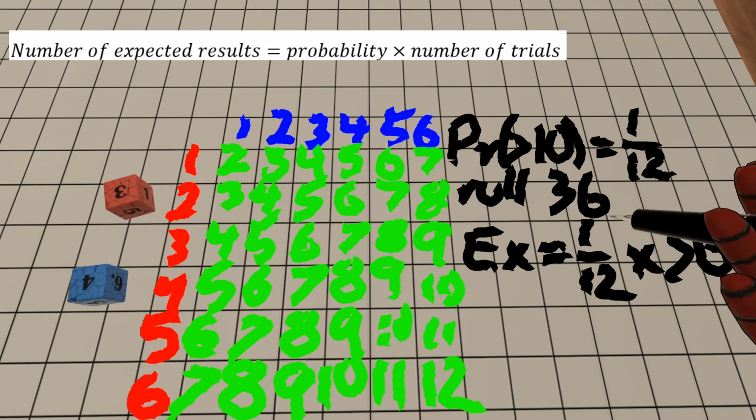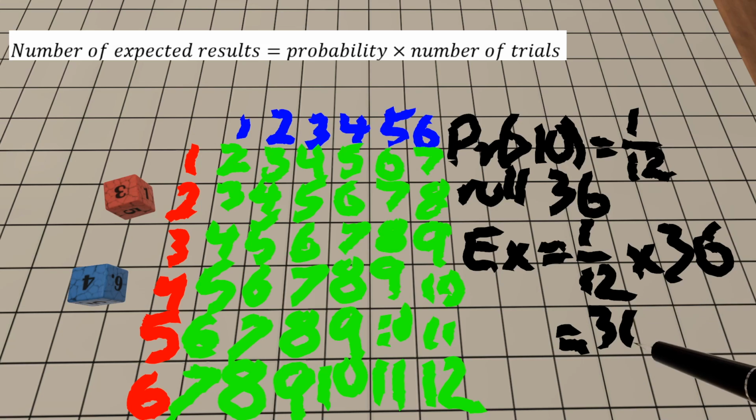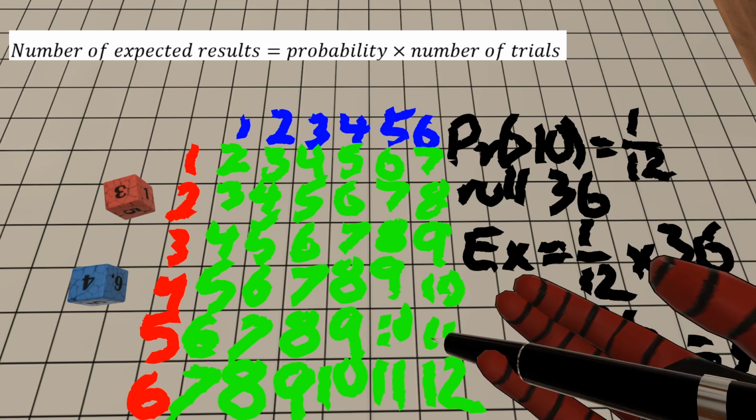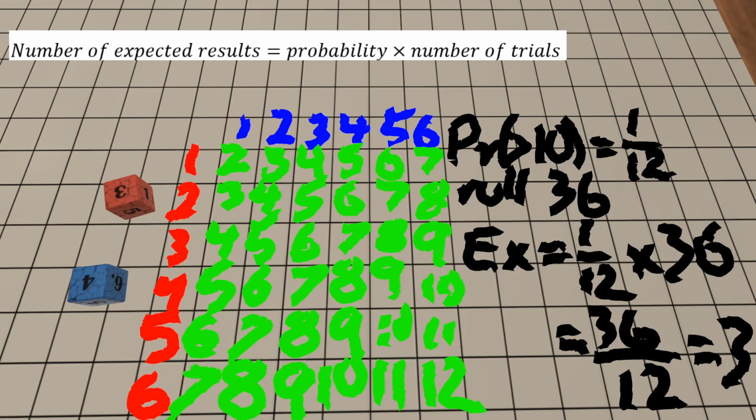Now, this just simplifies down to 1 times 36 is 36 on 12, and 36 divided by 12 is just 3. So we would expect 3 greater than 10 results to be rolled when we roll 36 times.